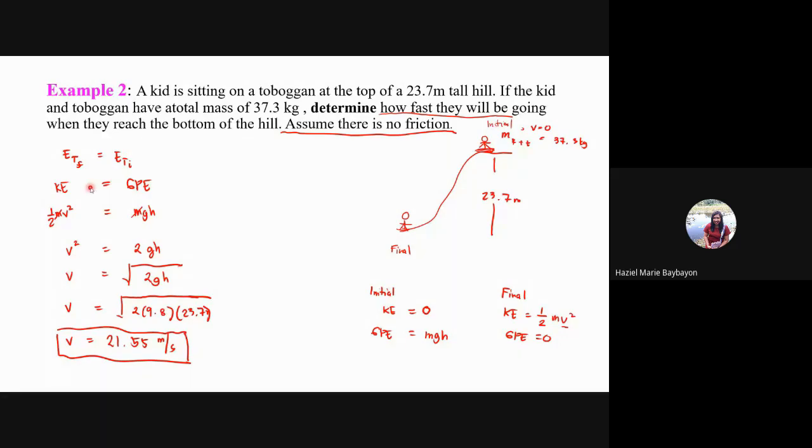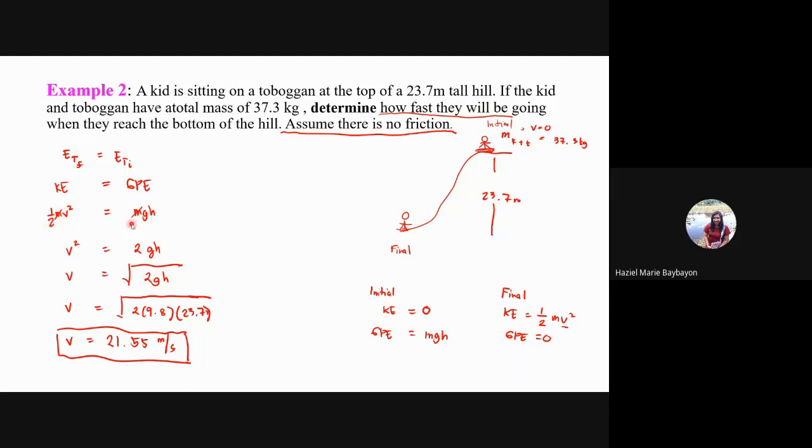Okay, so for the final total mechanical energy, we only have the kinetic energy, while sa initial, the total mechanical energy is composed only of the gravitational potential energy because, again, we started off from rest. Okay? So, we have 1/2 mv squared is equal to mgh.